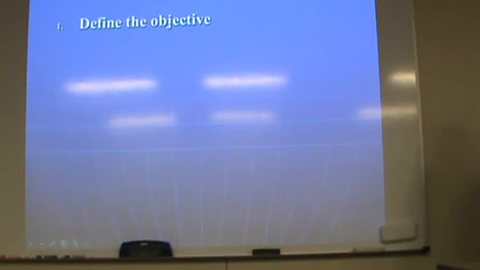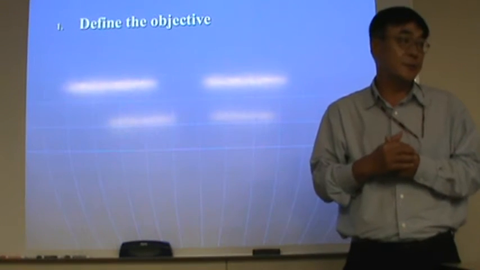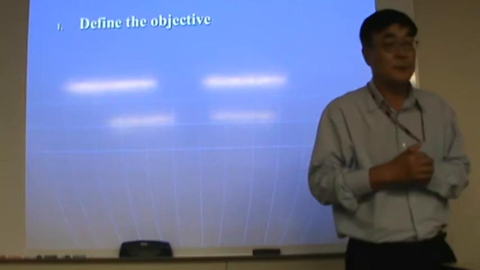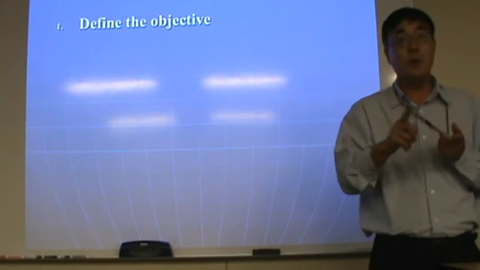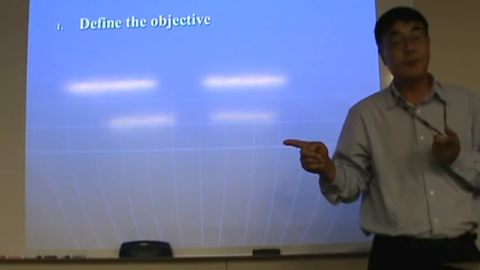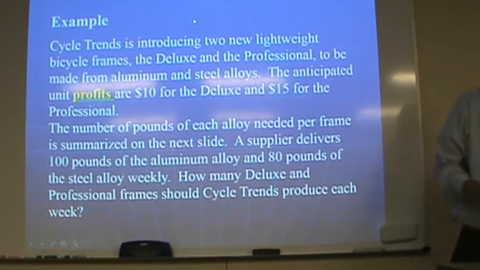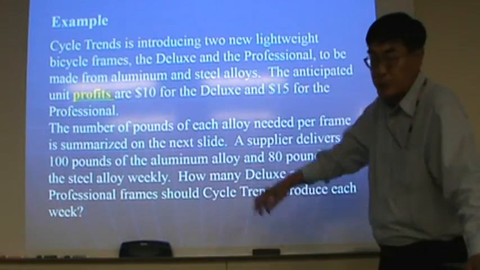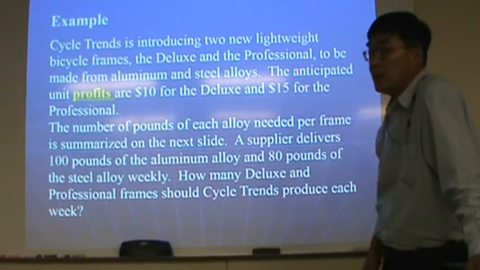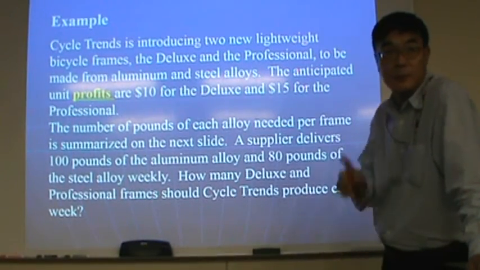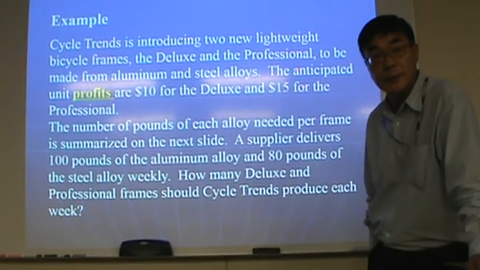Okay. The first step is to define the objective. Either maximize or minimize. From the question, it says profits are $10 and $15. Profit, more better, less better? More better, right? Maximize.